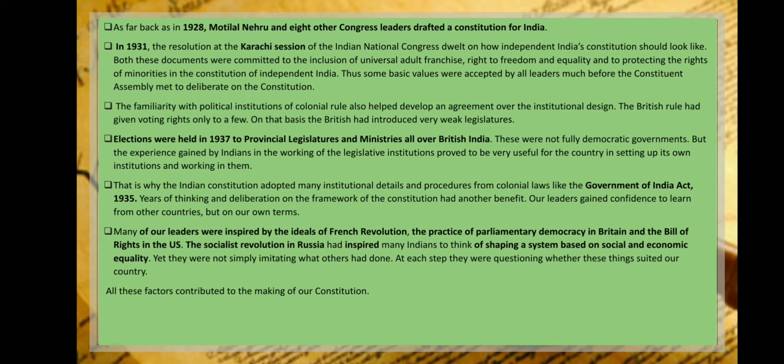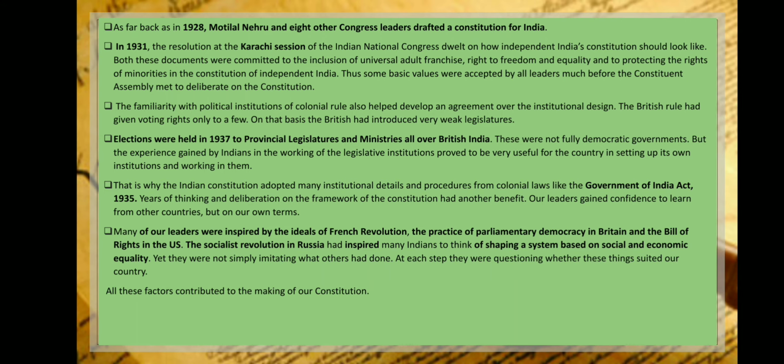Both these documents were committed to the inclusion of universal adult franchise, right to freedom and equality, and to protecting the rights of minorities in the Constitution of Independent India. Thus, some basic values were accepted by all leaders much before the Constituent Assembly met to deliberate on the Constitution.